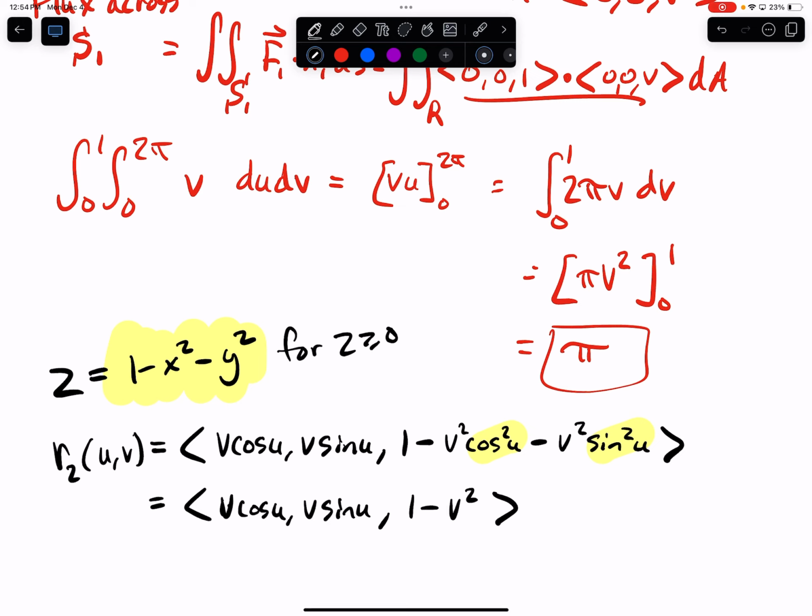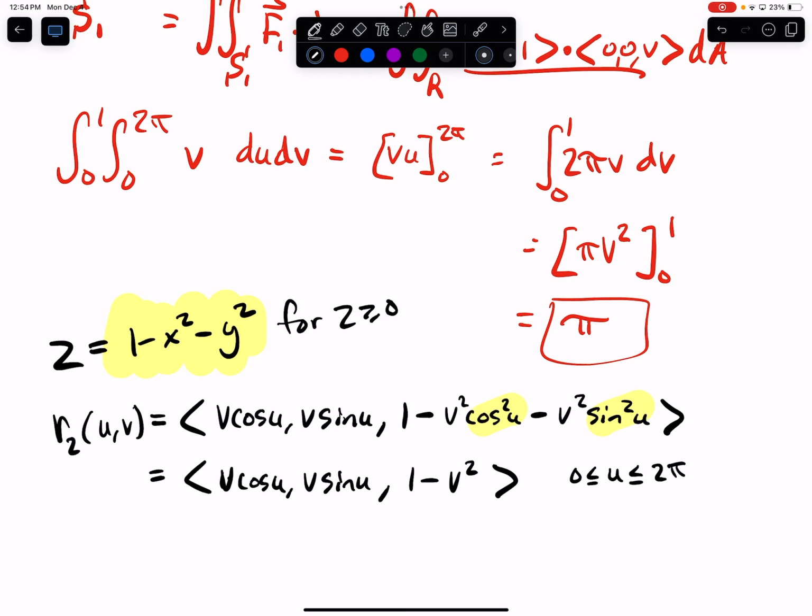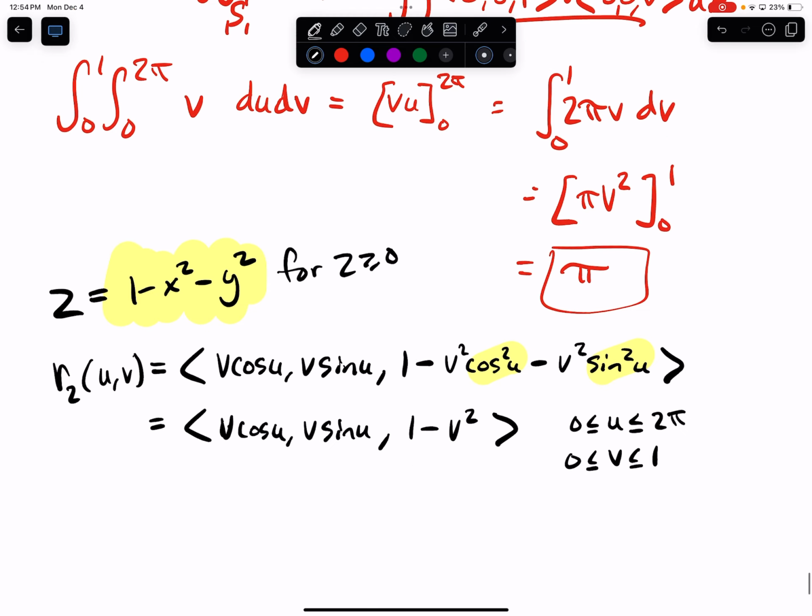Okay, so that makes it a little bit easier. And this is the same parameterization for the limits of integration. Okay, the only difference is now instead of having a 0 here, it's 1 minus v squared. Okay, that's the difference.